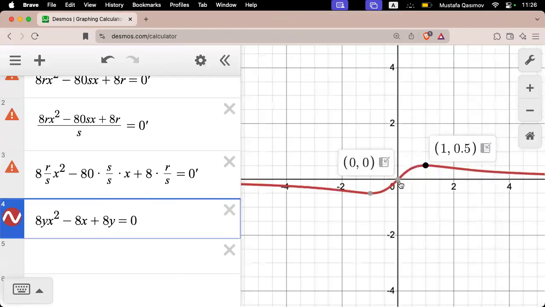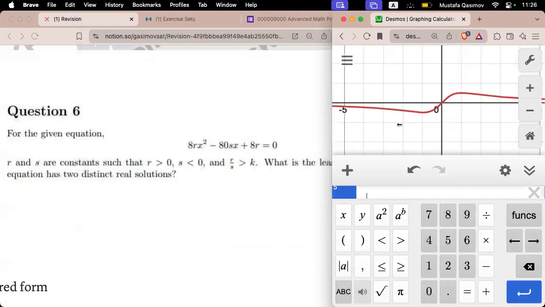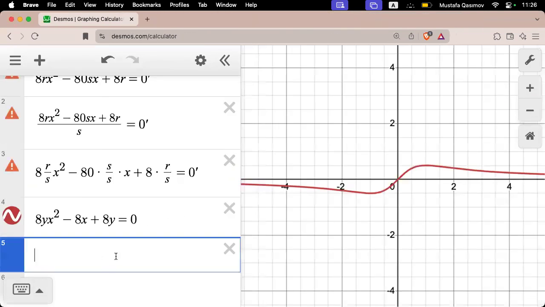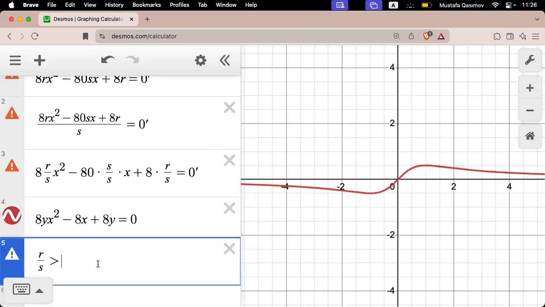So you can see that between those two parts, we will have one real solution. So it means that r over s is less than 0.5 and greater than negative 0.5.